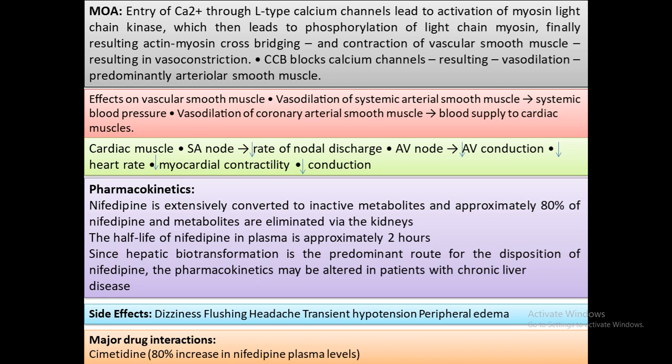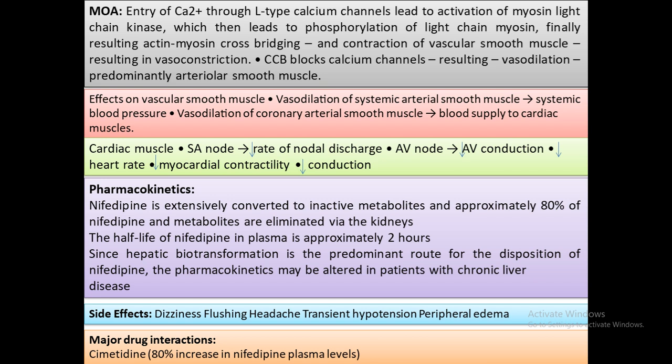Entry of calcium through the L-type calcium channel leads to the activation of myosin light chain kinase, which then leads to phosphorylation of the myosin light chain, finally resulting in actin-myosin cross-binding and contraction of the vascular smooth muscle, resulting in vasoconstriction.